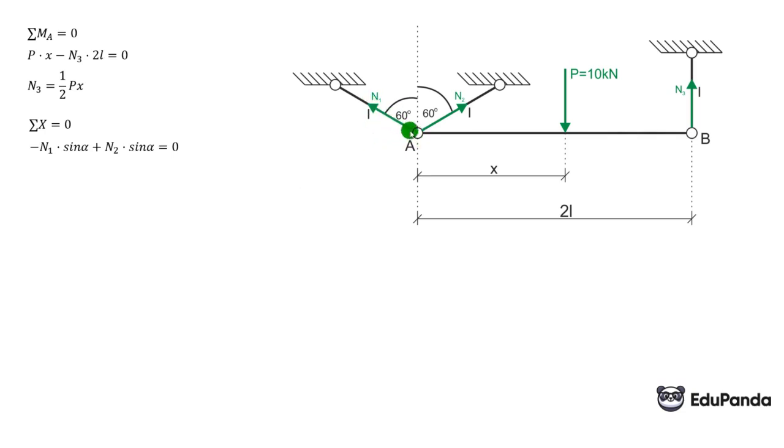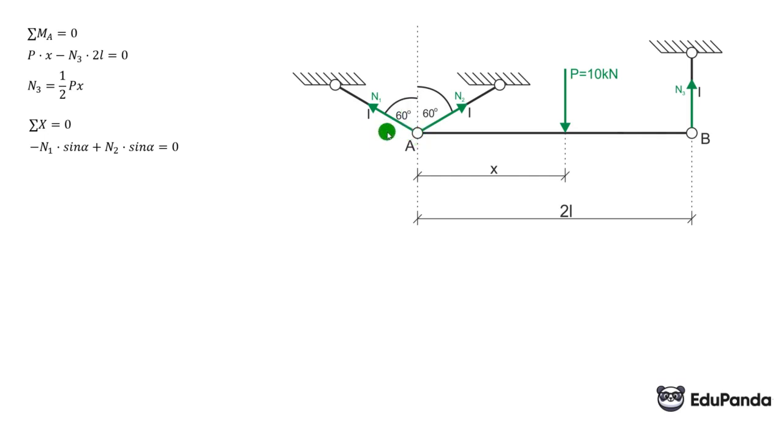Now, regarding the projection of force N1 onto the x-axis, I always reason like this. If we would make a component y and a component x here, that component corresponding to the angle, which here would be the component y where this angle is noted, is with the cosine of that angle, with the cosine of 60, and the other component is with the sine.